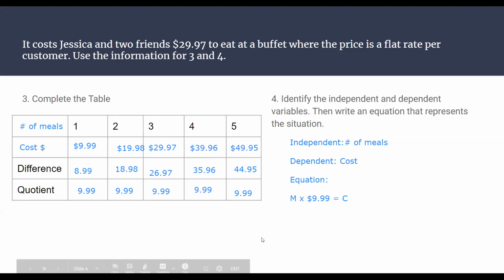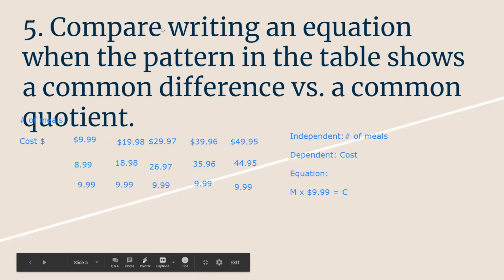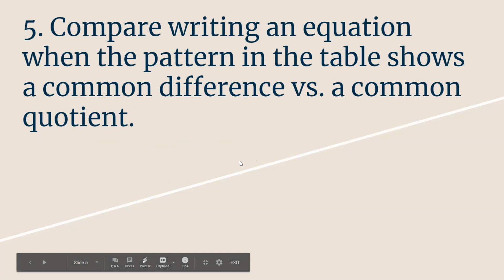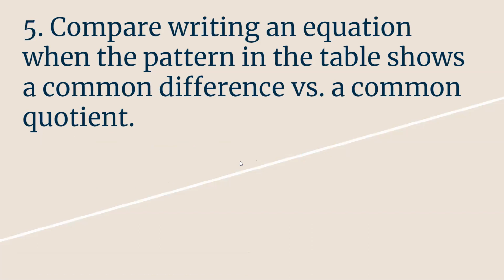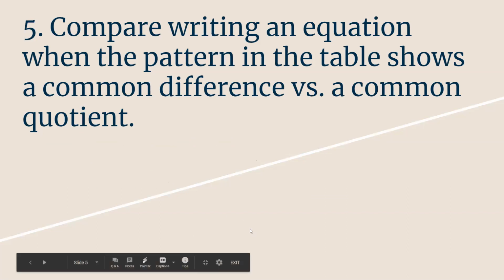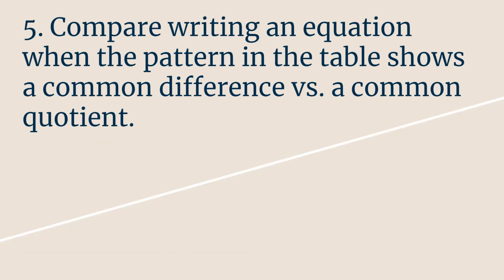And then the last question, I'm just going to explain this, not type it out. It says, compare writing an equation when the pattern in the table shows a common difference versus a common quotient. If there is a common difference, meaning subtraction, versus a common quotient, like this last example, where I found a common quotient, my equation actually had multiplication in it.